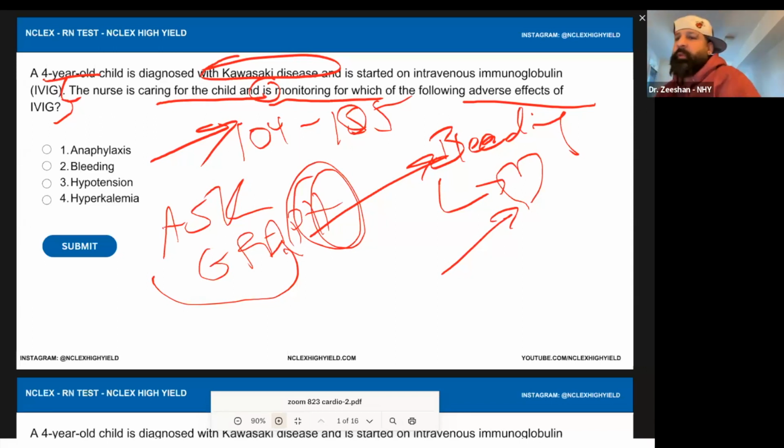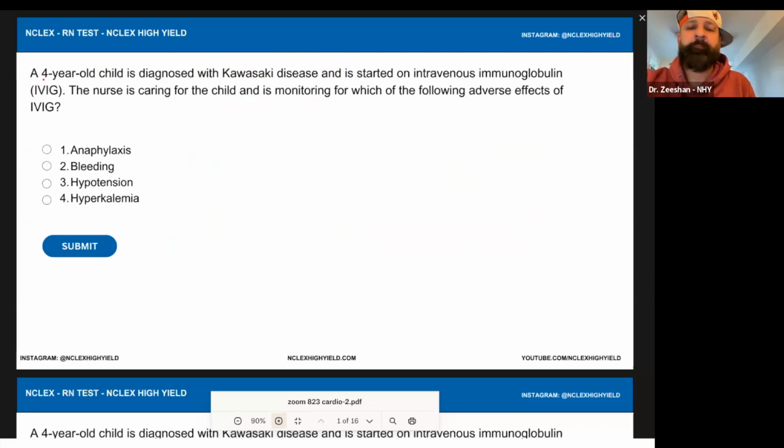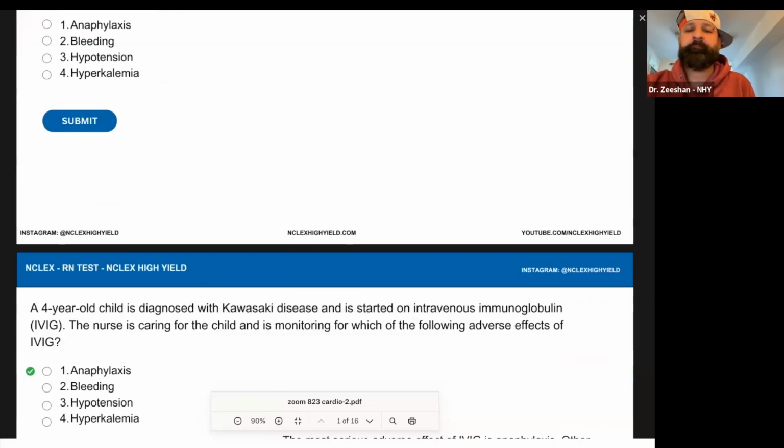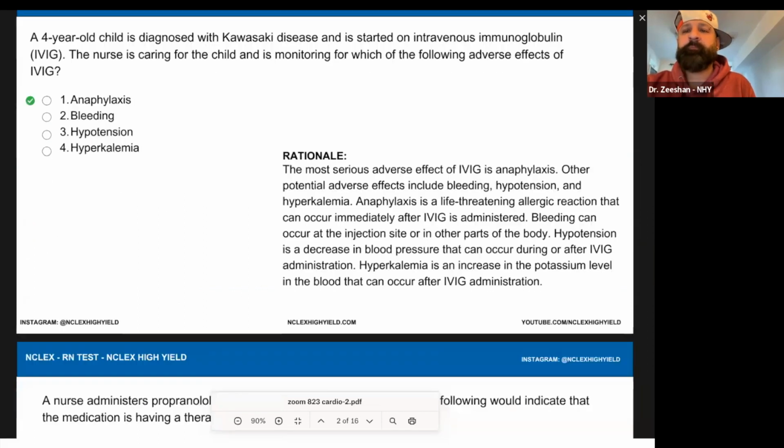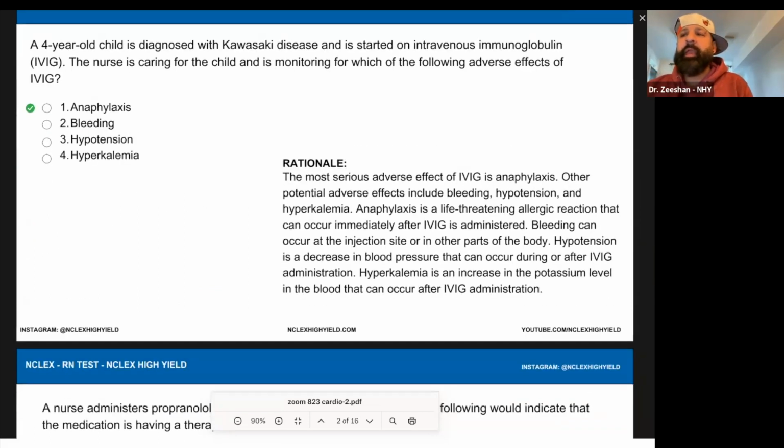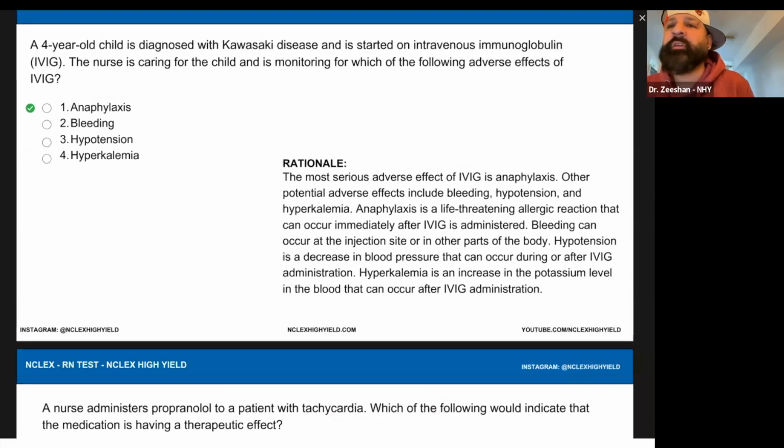But wait a minute. Look, I've taught all this. Y'all better know this. But what about IVIG? Am I worried about? A child receiving IVIG, what am I giving them? What is IVIG?